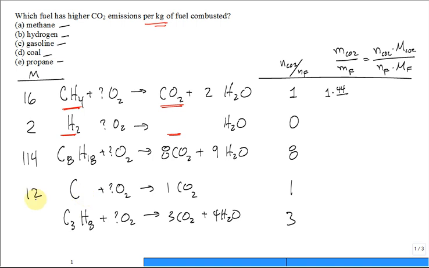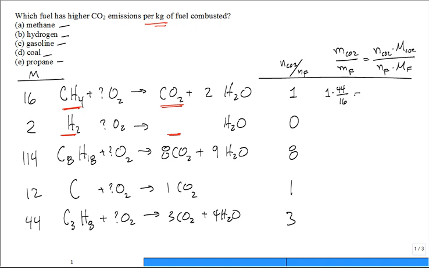How about the coal? 12. It's 12 for 1 carbon. And then propane, every carbon, there's 12, so multiply by 3, and then add 1 times 8, and you come in with right around 44. So you'll take 44 and divide by 16.